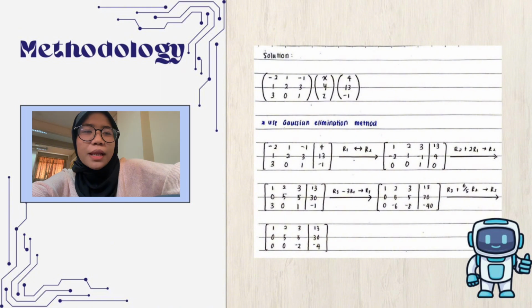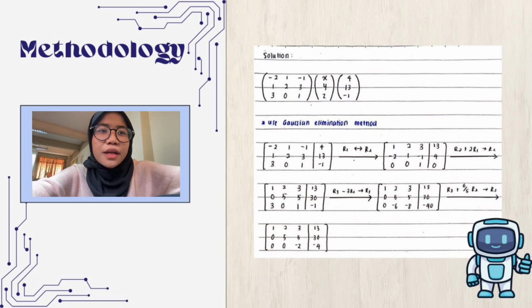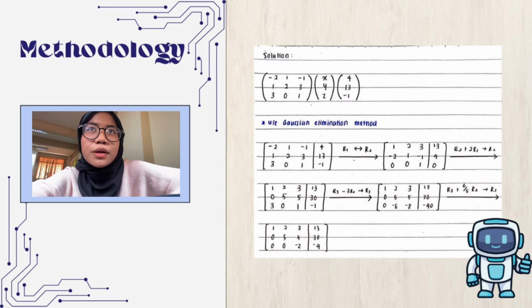Then we eliminate the first element of the second row by adding 2 times the first row to the second row, R2 plus 2R1, replacing R2. So we get 1, 2, 3, 13 for the first row, 0, 5, 5, 13 for the second row, and the third row remains the same.